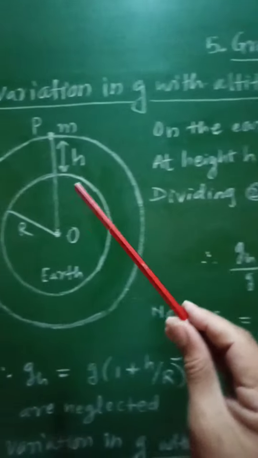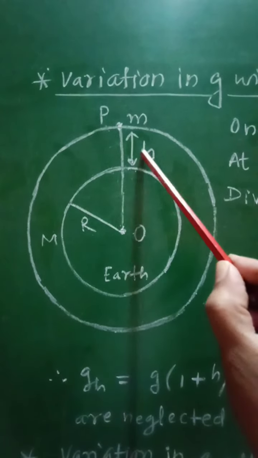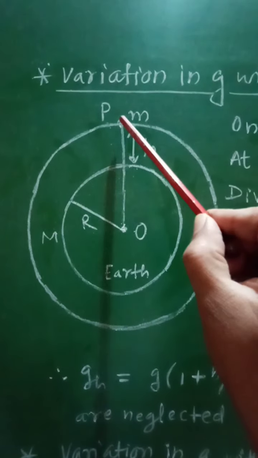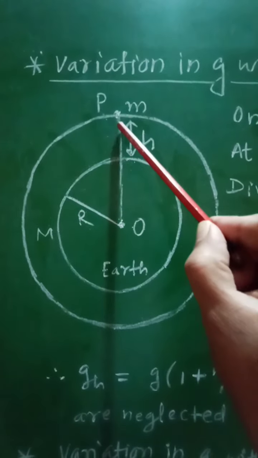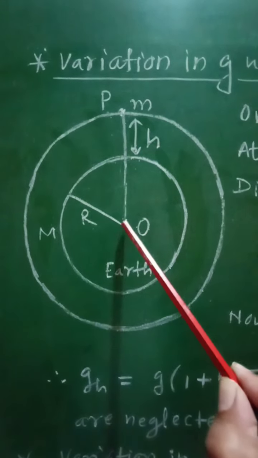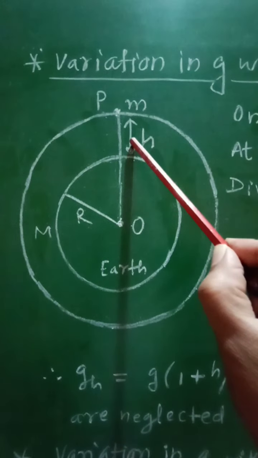Now that body of mass m is lifted through height h above the earth's surface, and it is present now at point P, and therefore the distance between the body of mass m and the center of the earth will now be equal to r plus h.